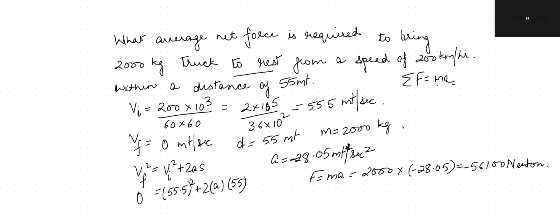Okay, negative sign here means that force must be exerted in the direction opposite to the initial velocity. Okay? And the acceleration is constant. So like this is the truck that was moving initially with the velocity. Okay, so we can write negative 56,100 newtons, or we can write 56,100 newtons west.